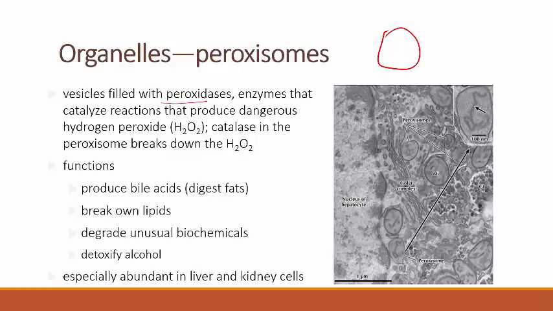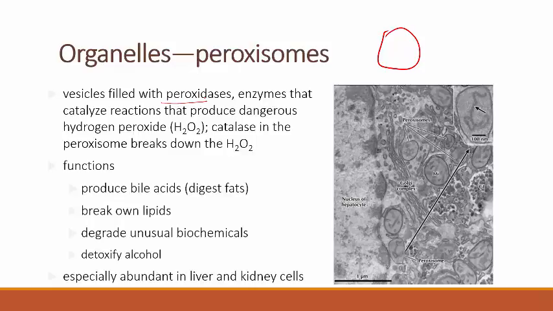Peroxides are very dangerous to a cell, and a lot of the metabolic reactions that occur inside a cell produce dangerous peroxides like hydrogen peroxide, the same kind of material that we would use to clean a cut. You pour that onto a cut on your hand or wherever, and it bubbles very vigorously. The same thing could happen inside of a cell. You could start a reaction that would be very dangerous to the cell.